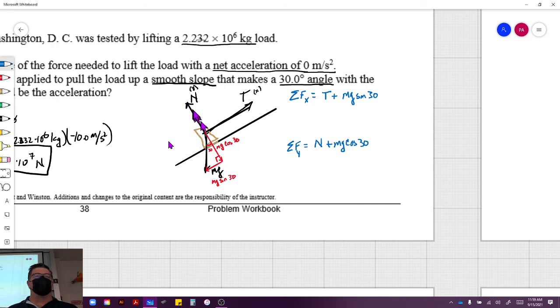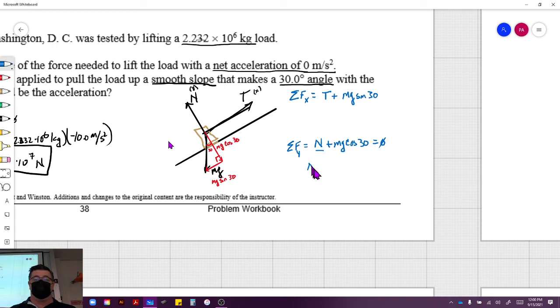What can you guys tell me about the normal force and about our forces in the y direction? Is this thing accelerating off the slope or accelerating into the slope? No. So that means this one's going to be 0, right? Okay, so we can tell right now that the normal force is going to equal mg cosine 30. That is the normal force.